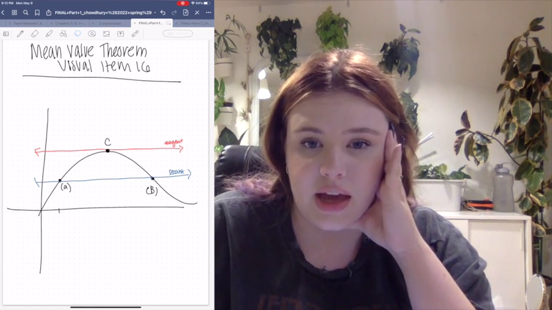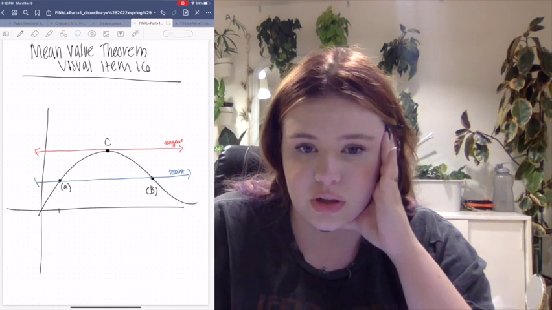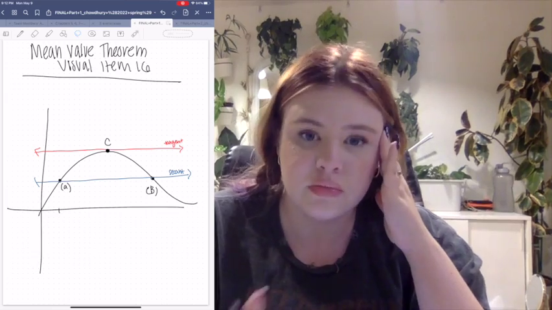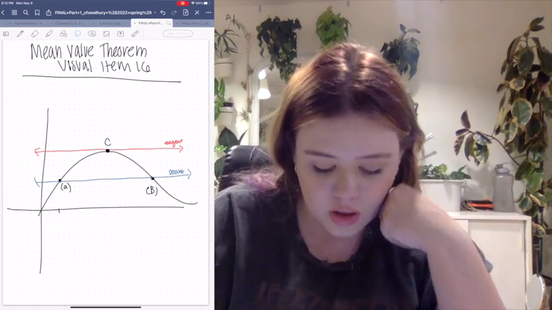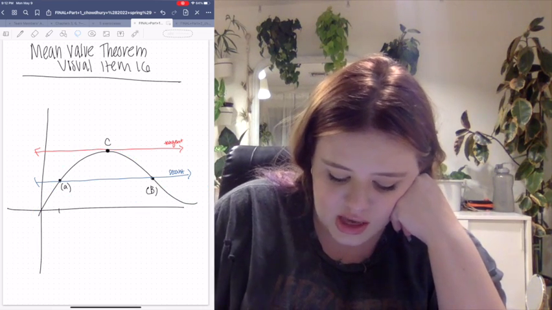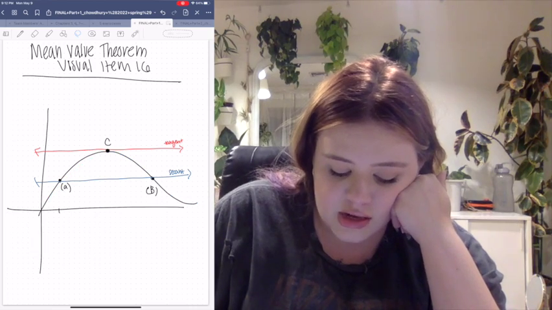The mean value theorem applies to any continuous and differentiable curve or function. So I just drew, I guess that would probably be a sine curve. I just drew a random curve to represent it.